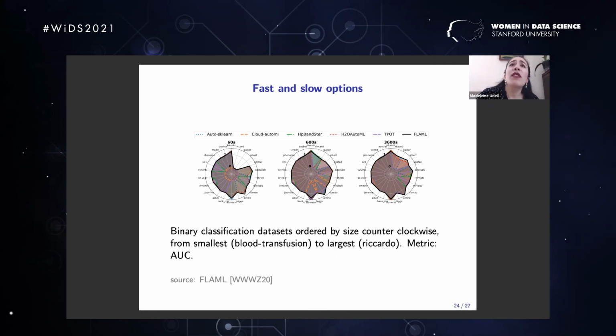Some of these other methods are also performing well, but some are performing very poorly. Like Cloud AutoML is not doing well at all at the 60-second budget. On the other hand, if you increase the time budget, all of the methods should perform on average better as the time budget goes up, and the performances become more and more similar as the time budget increases.